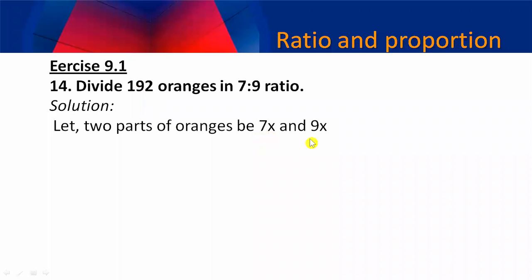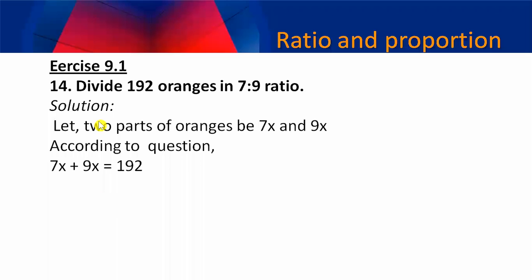So add these two values to get 192. 7x plus 9x is equal to 192 because one part is 7x, another part is 9x.